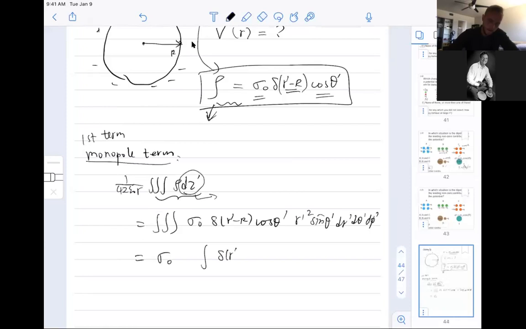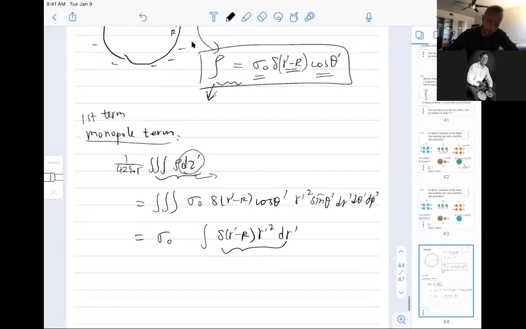This delta function, I can use to do this integral. So remember the integral of f(x) delta(x minus a) dx is f(a), right? You're picking out only just x equals a. So here you're picking out only r prime equals capital R. So this term becomes what? R squared. Okay.